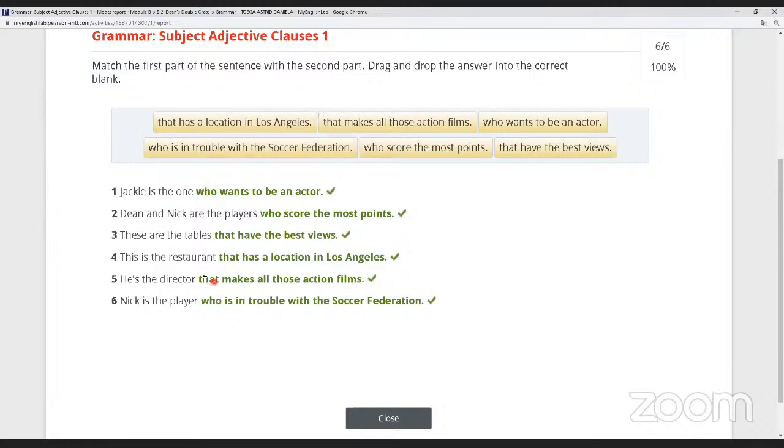Ahora, si yo decido he's the director, who, también estaría bien. Si también utilizo el that para hablar de personas, no hay ningún problema. Entonces el that es como un comodín y lo puedes utilizar con todos los sujetos siempre y cuando sean informales. Ya cuando sean formales tienes que ver la opción de cambiar por otro relative pronoun que sea un poquito más formal. ¿Ok? Okay, teacher, thank you.